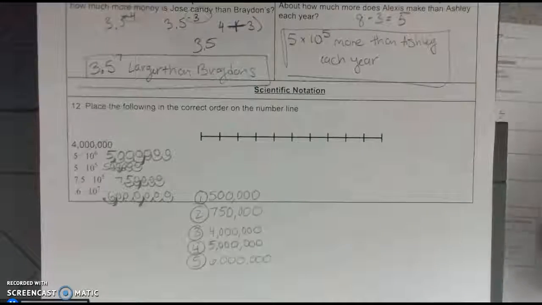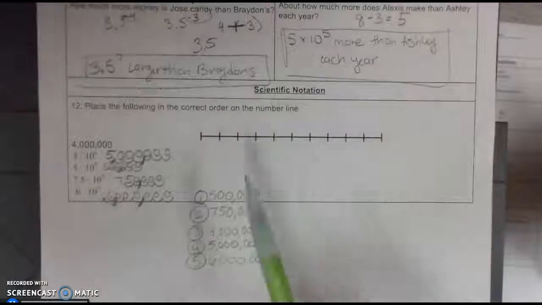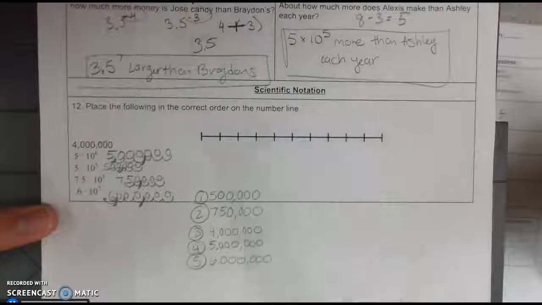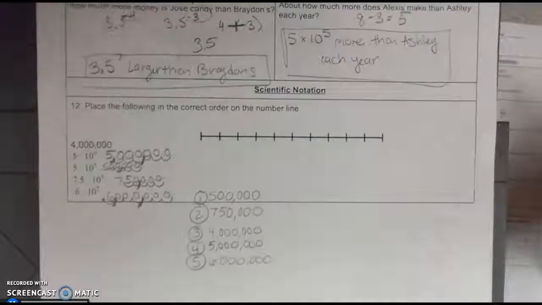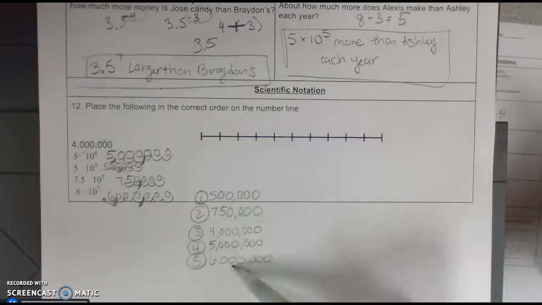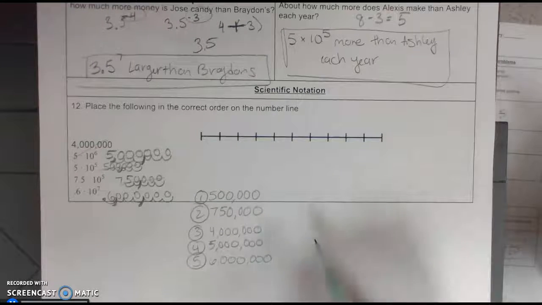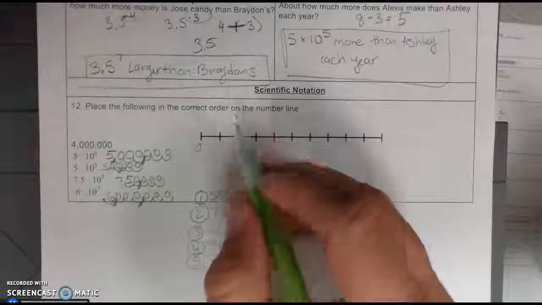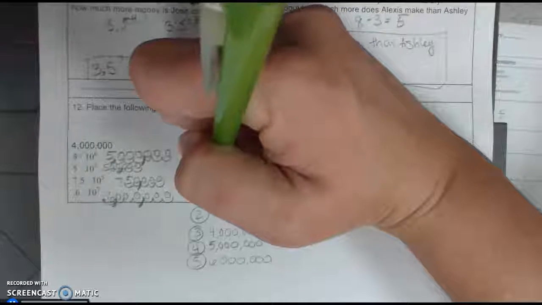In order to place these, there are 1, 2, 3, 4, 5, 6, 7, 8, 9, 10, 11 tick marks there. I know my smallest number is 500,000 and my largest number is 6 million. What I need to do is determine how I am actually going to do this. Well, I can have 0 here, and then I'm going to count by 500,000.